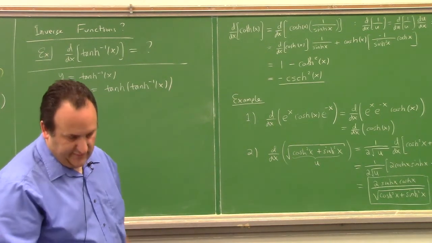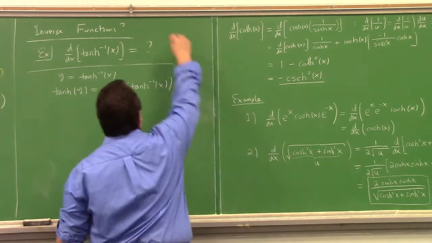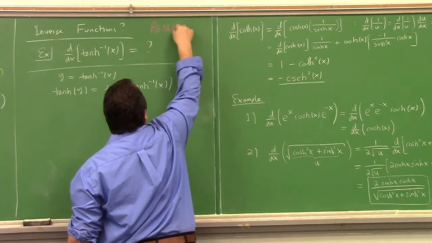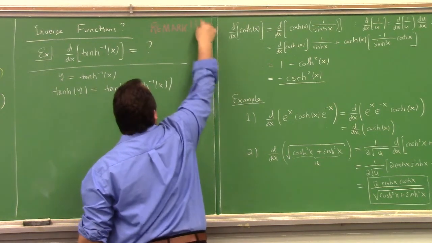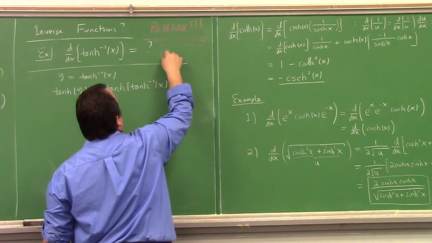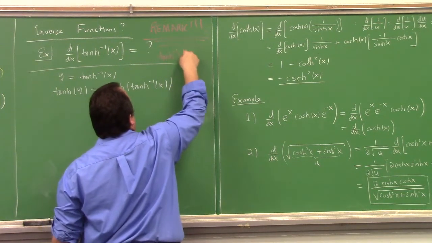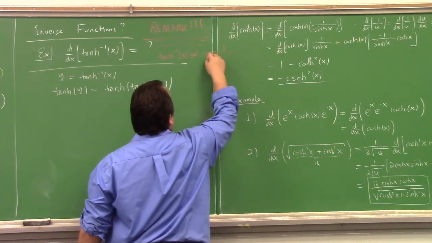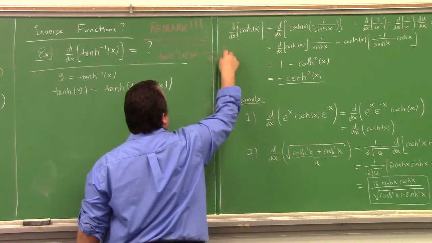Let me use some red chalk here. Remark: inverse hyperbolic tangent of x is not equal to 1 over hyperbolic tangent of x.